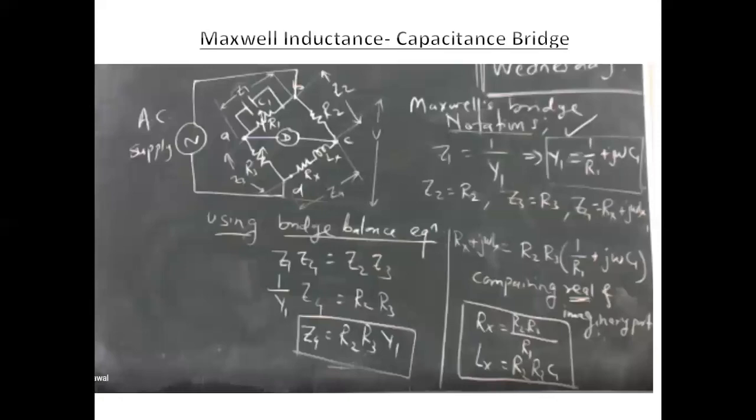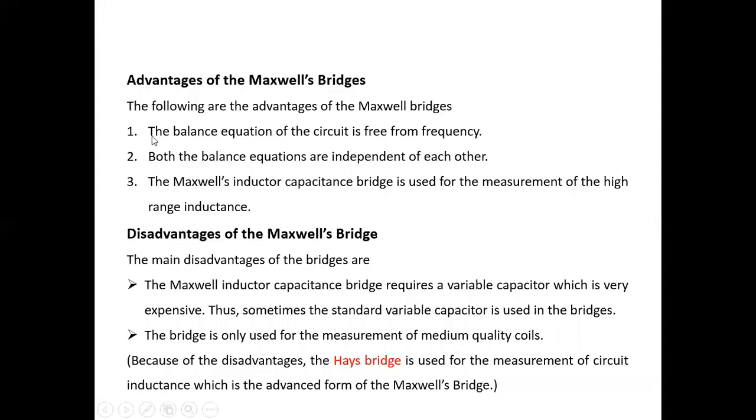This is the derivation. The advantages of the Maxwell inductance capacitance bridge: the balance equation of the circuit is free from frequency, and both the balance equations are independent of each other. It is used for the measurement of a high range of inductance.